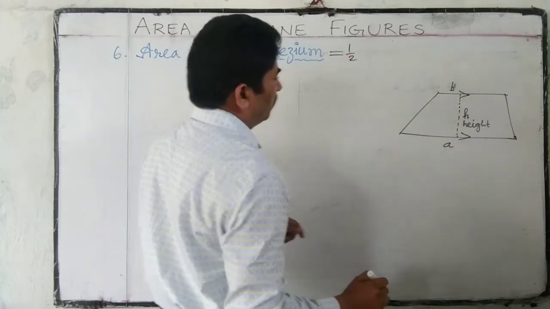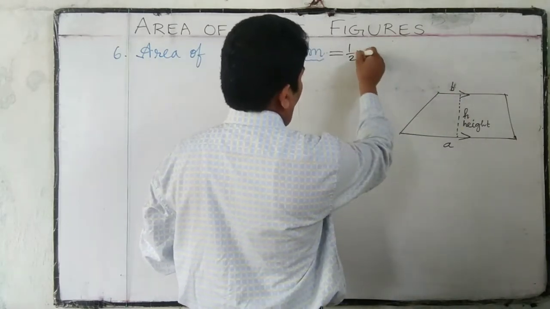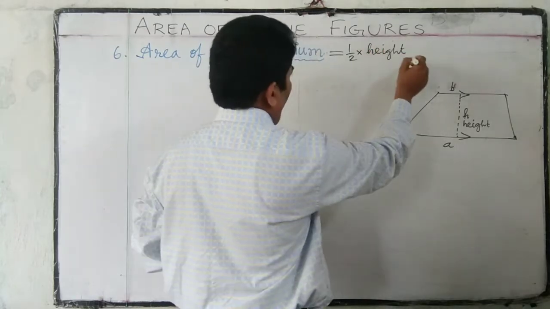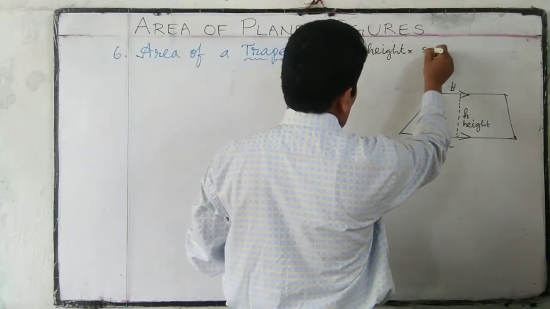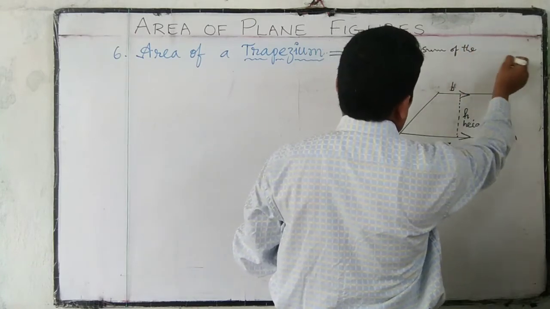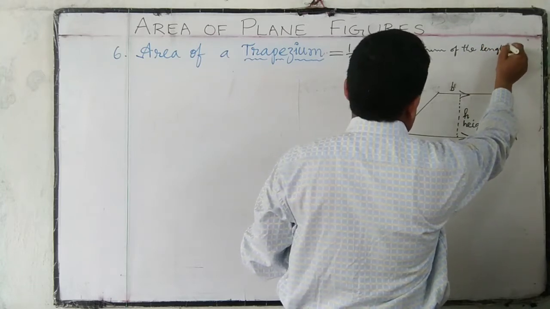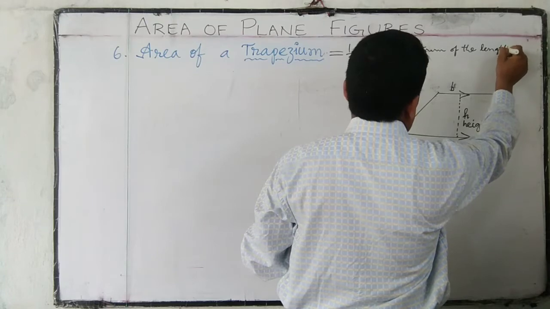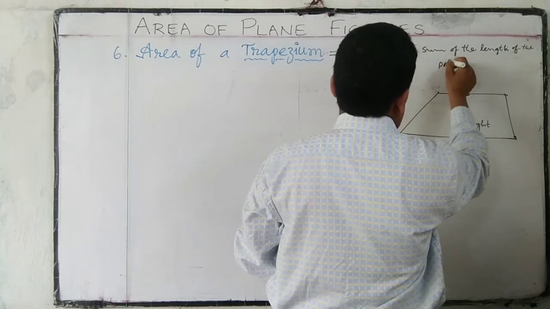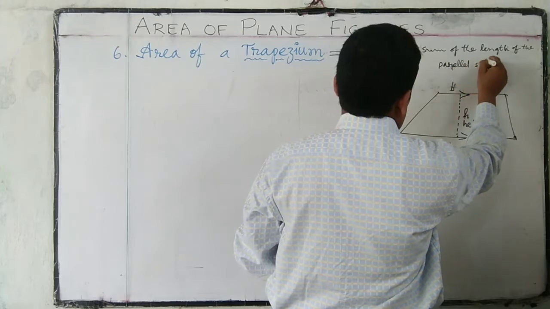Then area of a trapezium is equal to half into sum of the parallel lines, or half into height into sum of the length of parallel sides.